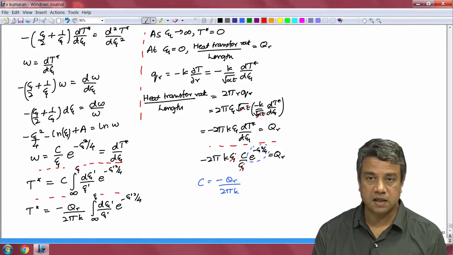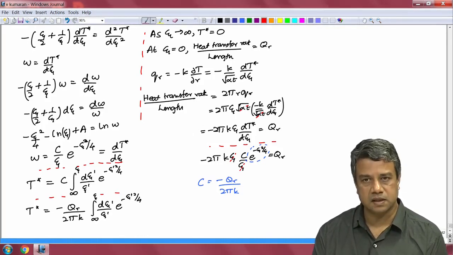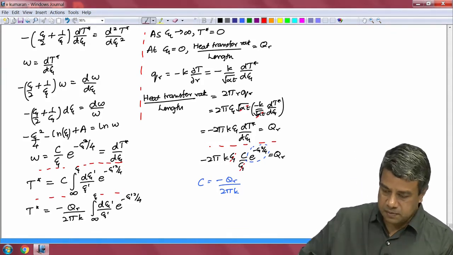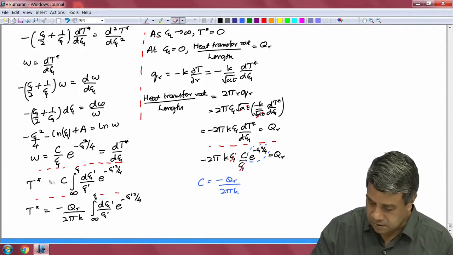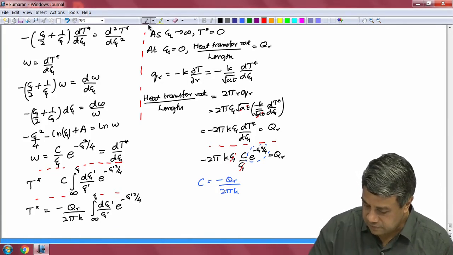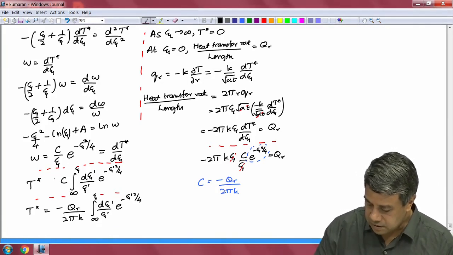That is the reason I had taken the lower limit of integration as infinity, so that as psi goes to infinity T star is equal to 0. Upper limit should be the variable. When you take the integral of a derivative, the upper limit of integration should always be the variable itself.